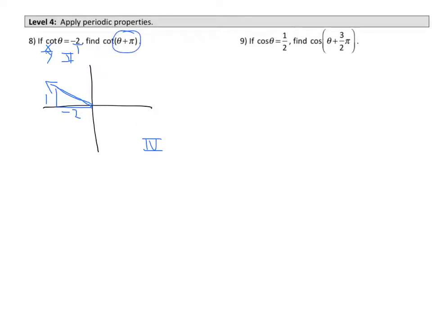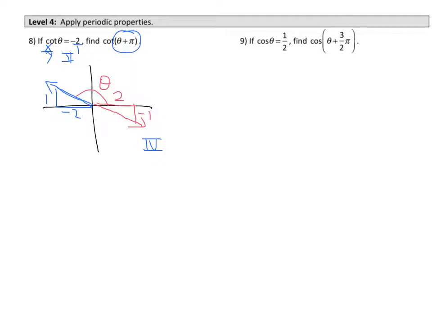If this is theta, right here, and we add pi to that, we're going to make a 180 degree turn, because remember that pi is the same as 180 degrees. And I would end up with this angle over here, which would be really similar to the angle I just had, except it would have a positive x and a negative y, but the same numbers.